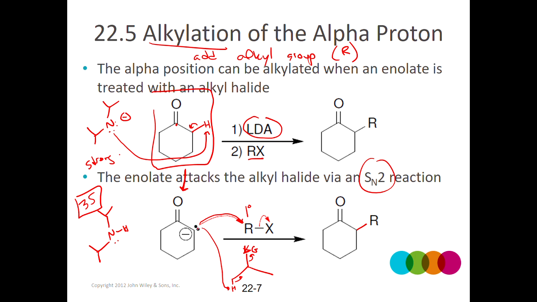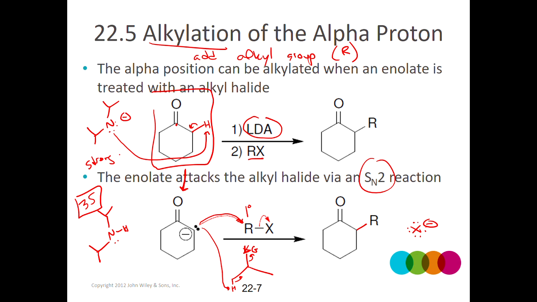So we make an enolate and add a primary alkyl bromide or chloride or iodide so that that can attack it and push out a nice stable leaving group. And that leaving group, being a bromide, chloride, or iodide, is going to be way more stable with the negative than the carbon-oxygen resonance combination, or especially the negative charge on the nitrogen.